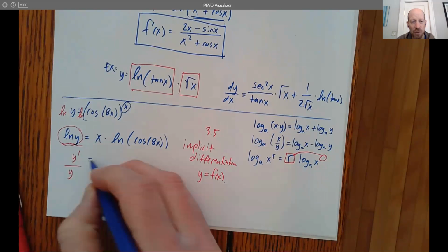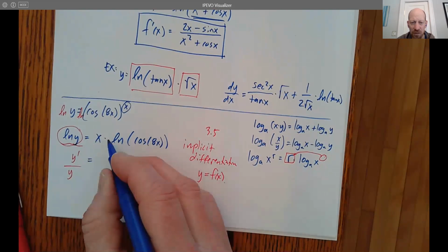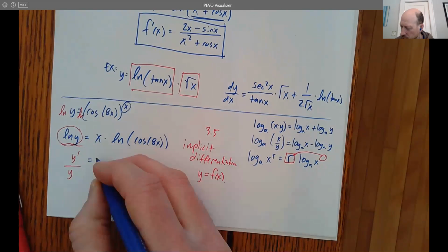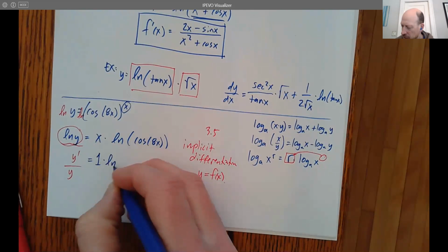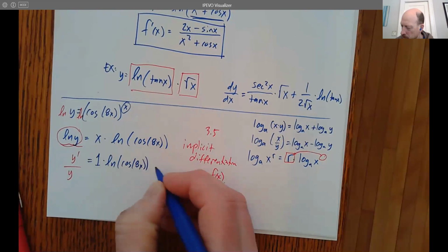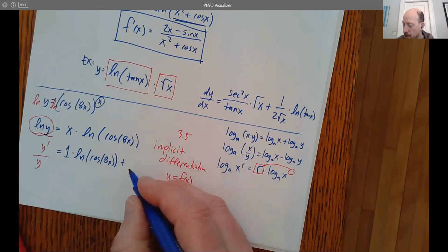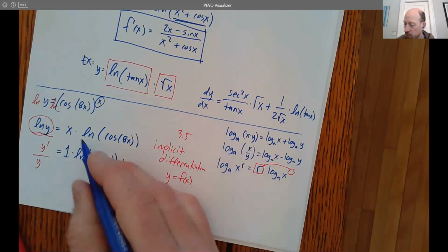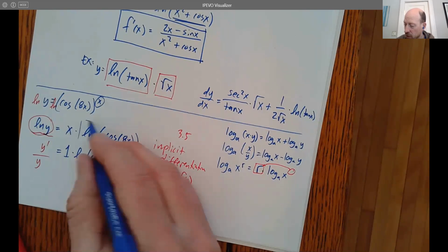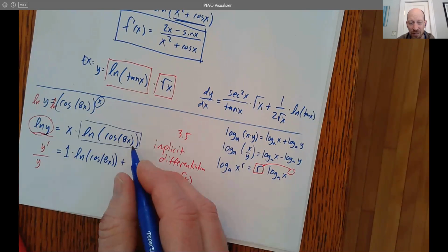When I take the derivative of the right side, this is a product rule. I have x times this natural log function. So the derivative of the first times the second plus the derivative of the second. So my second function is this, right? The derivative of the natural log of the cosine of 8x.